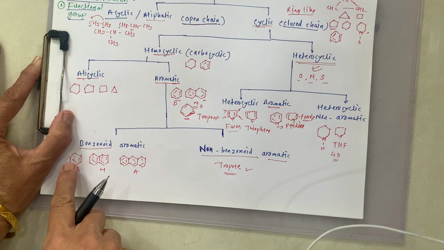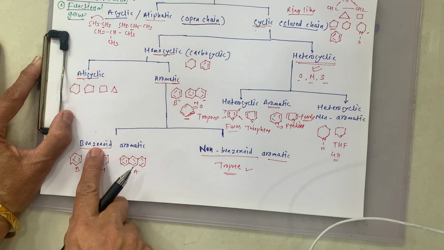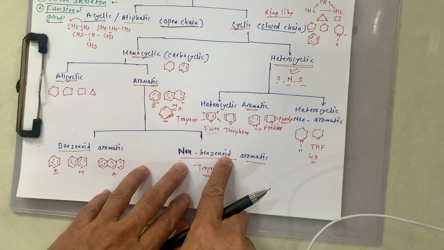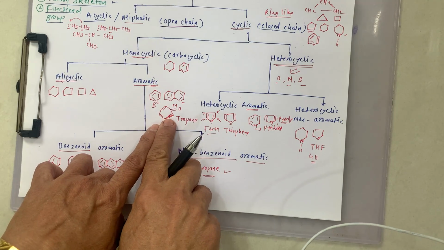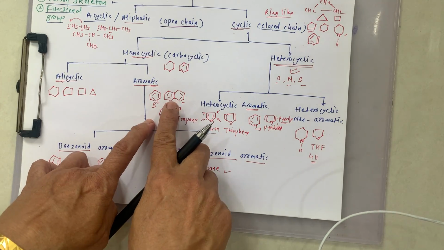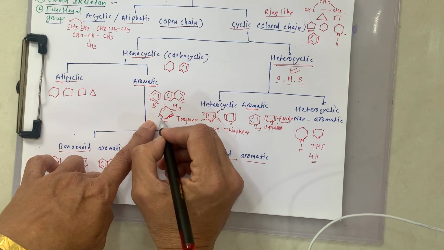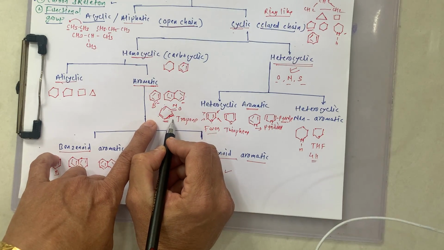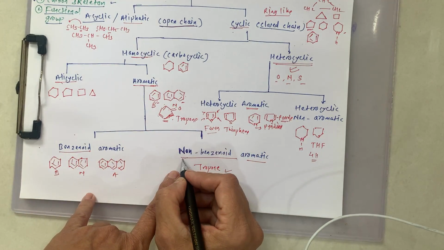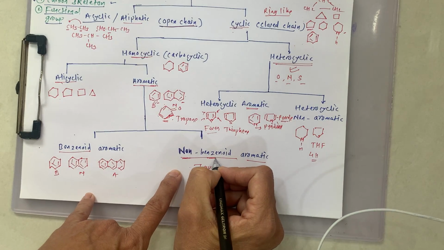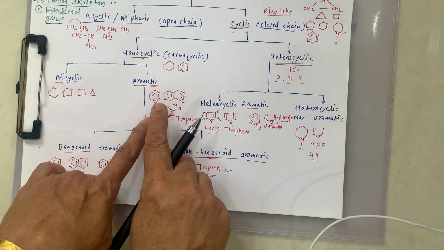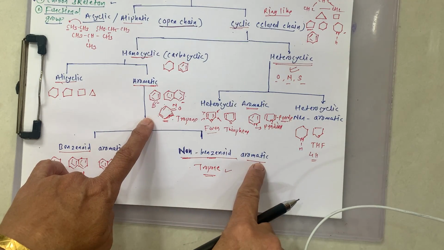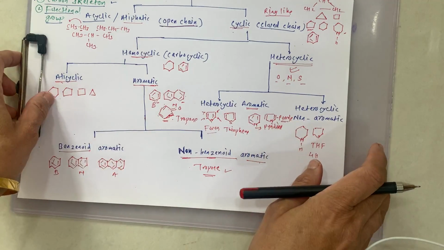The compound which has a benzene-like structure, those are benzenoid. The compounds which do not have a benzene-like structure, like this tropone, which is 1 2 3 4 5 6 7, this is not 6, this is a 7 member ring, then this is a non-benzenoid compound, but this compound also has aromatic character, so this is called a non-benzenoid aromatic compound.